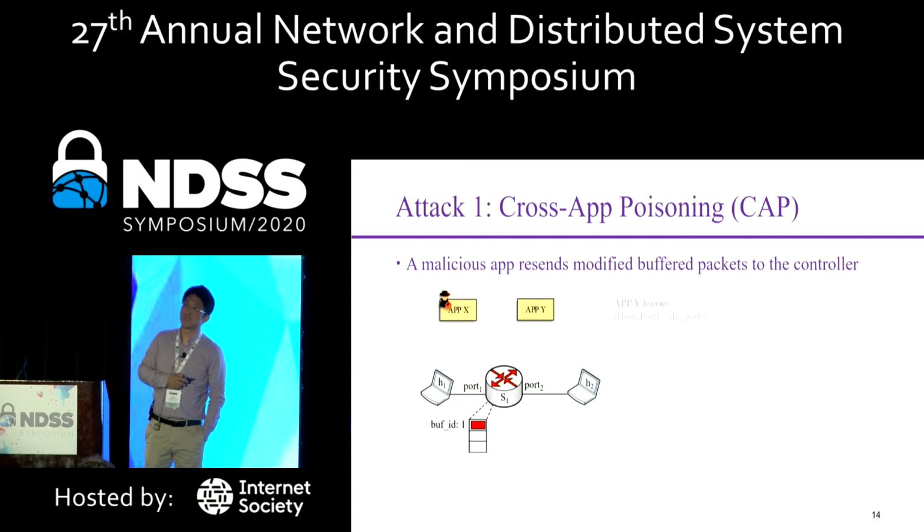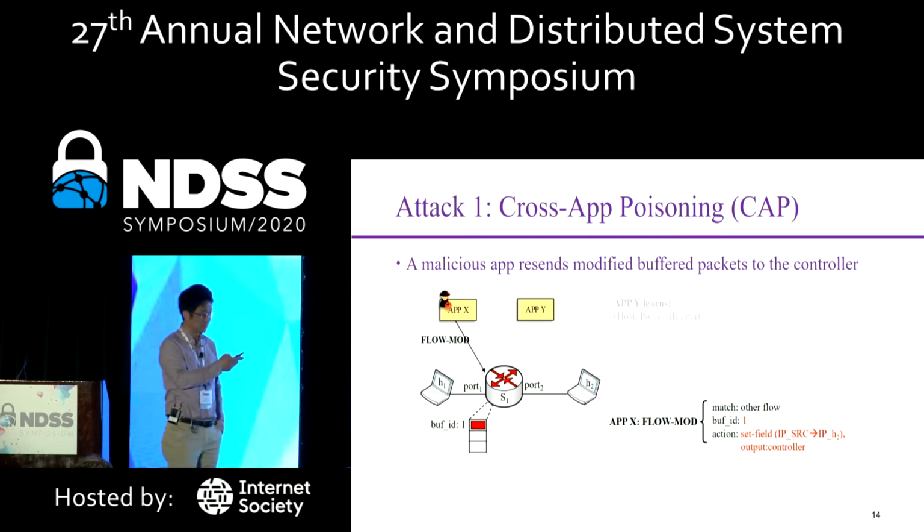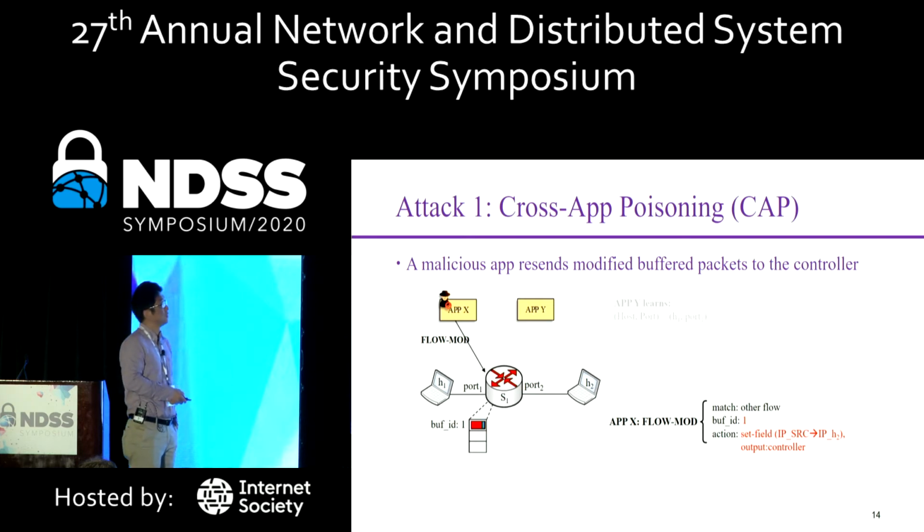If there's a malicious app X, it sends another flow mod message, where the action is for buffer ID 1: set field, change the source IP to H2's IP address, and then output, send this packet to the controller.